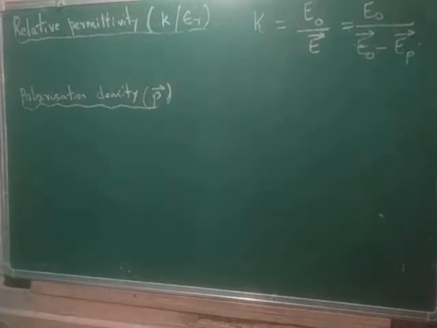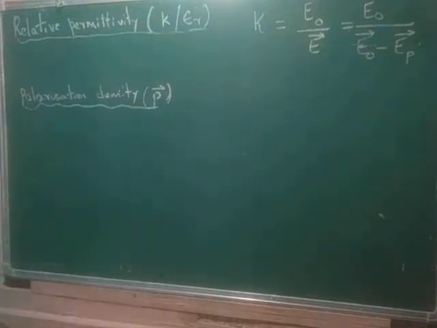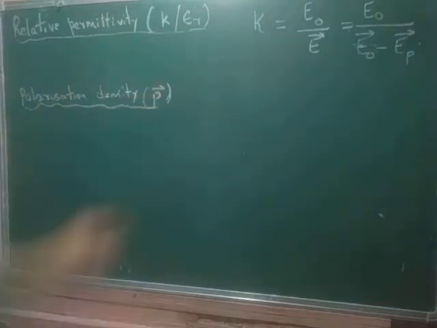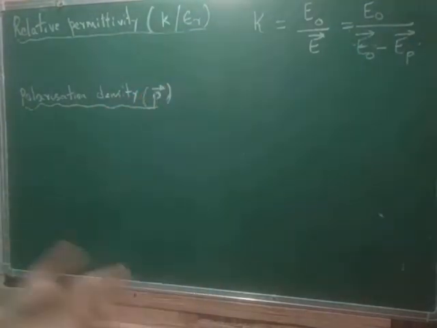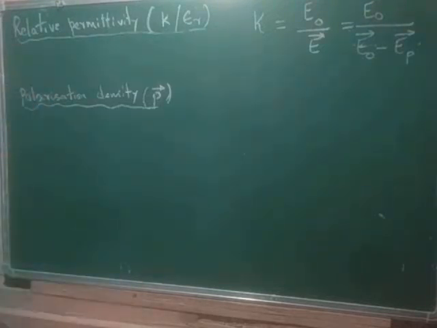After this we will see polarization density. For polarization density we denote it by the letter P, with an arrow on top, which means it is a vector quantity. Let us understand what we mean by polarization density. It is the dipole moment developing per unit volume of the dielectric.